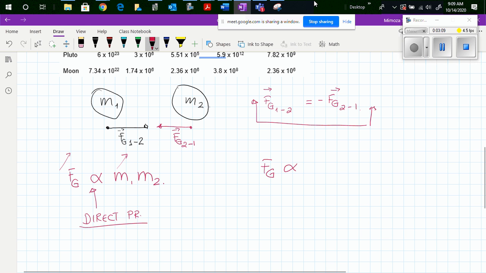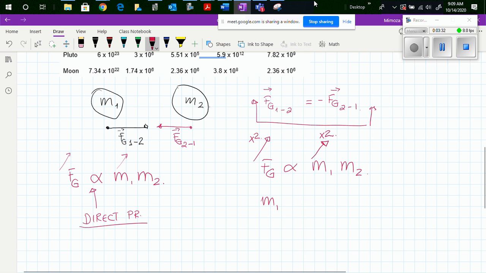Force of gravity is directly proportional to the product of mass 1 and mass 2. So if I'm increasing mass 1 by a factor of 2, then force of gravity will be increased by the same factor of 2. What does that mean?